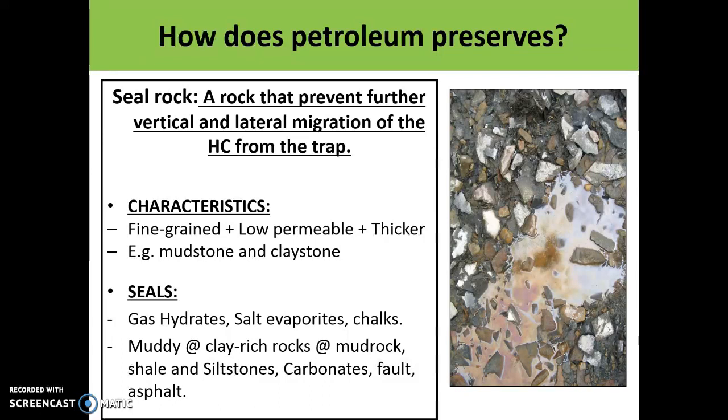If there are a lot of fractures, the rock could not prevent the migration of oil to the surface because fractures provide pathways for migration to occur due to the break of the seal.